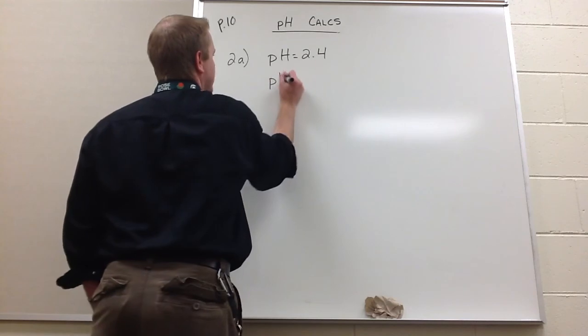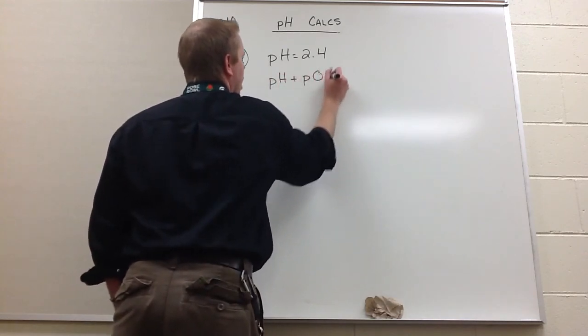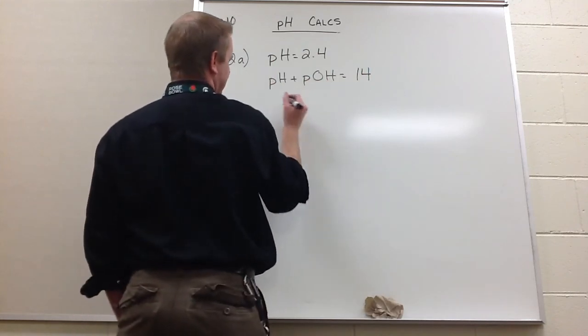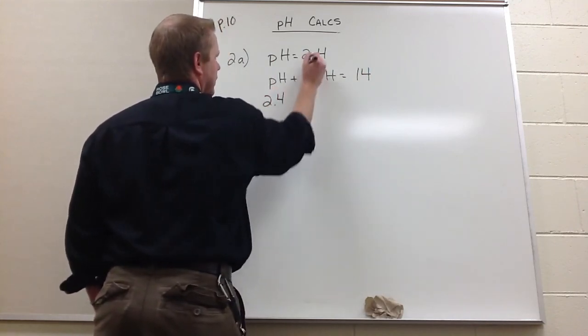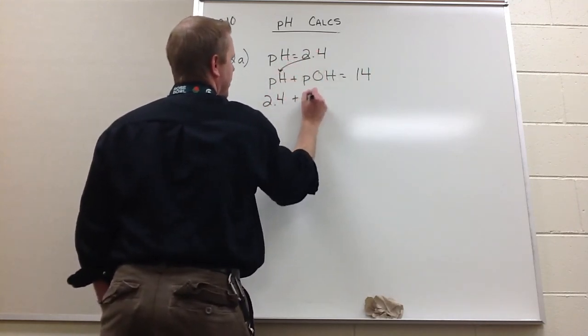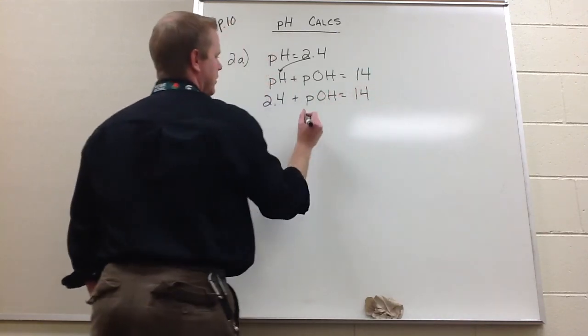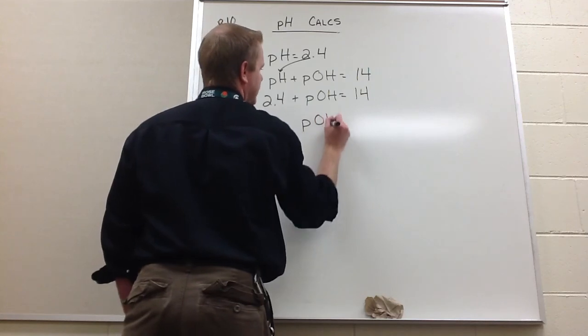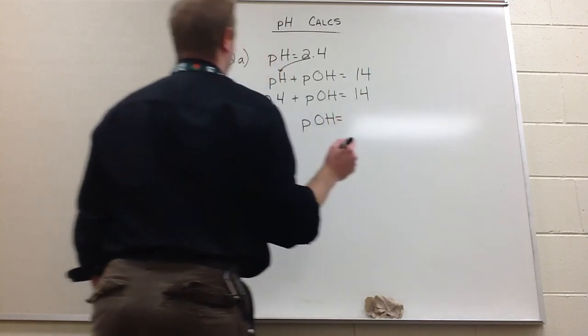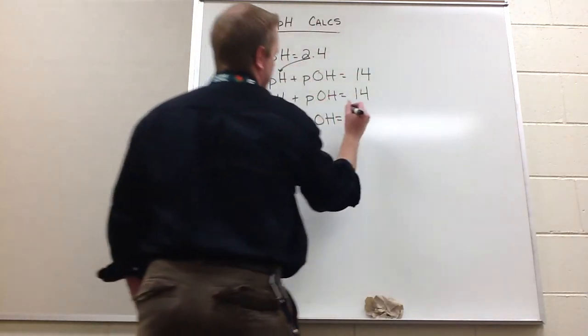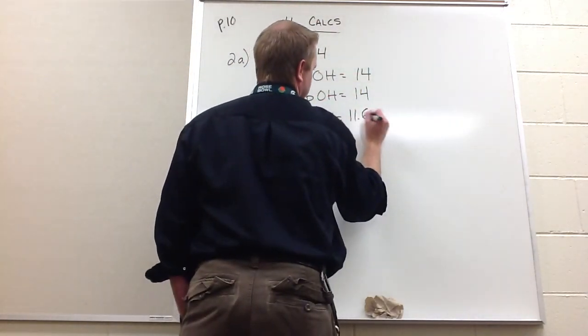Well, if pH plus pOH equals 14, then 2.4 plus pOH equals 14. So you would solve for pOH, and I'm doing this off the top of my head, I think it's 11.6. It would be as simple as that.